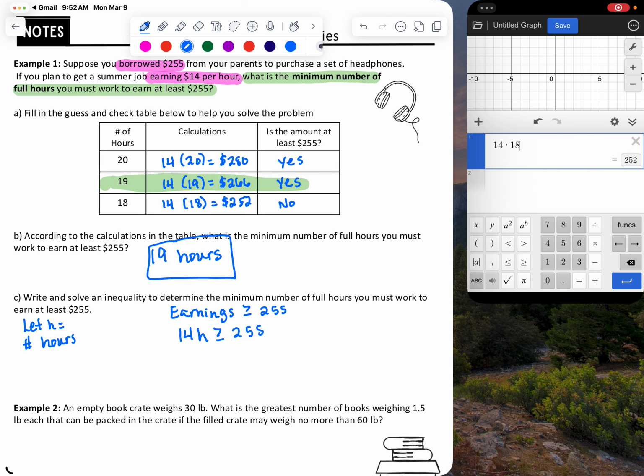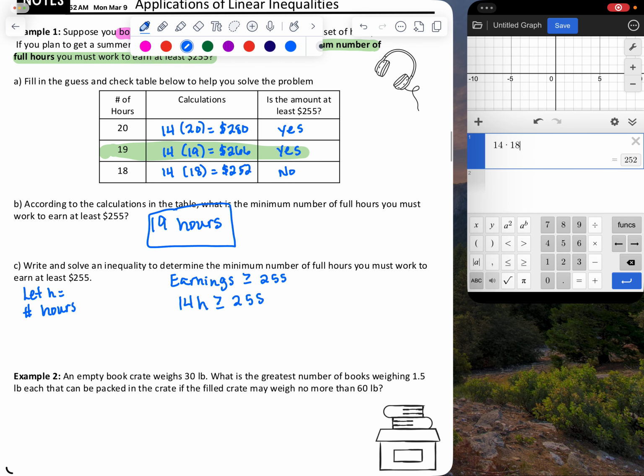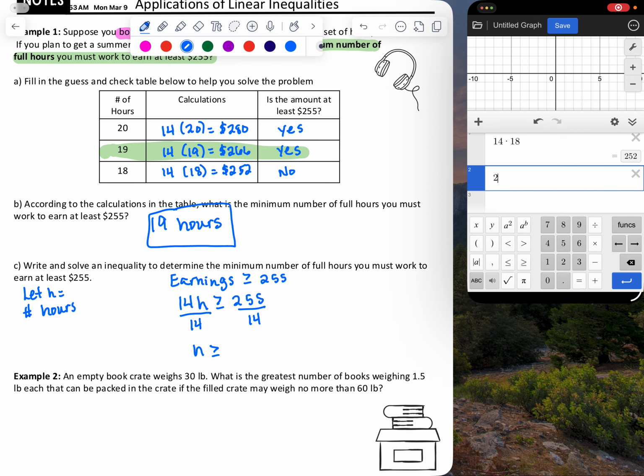Now, this is a simple one-step inequality that we can use inverse operations to solve. The inverse operation for 14 times H is we would divide by 14. So our number of hours must be greater than or equal to 255 divided by 14, which is 18.21.